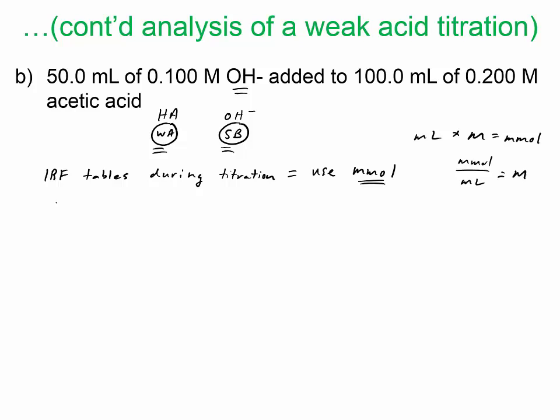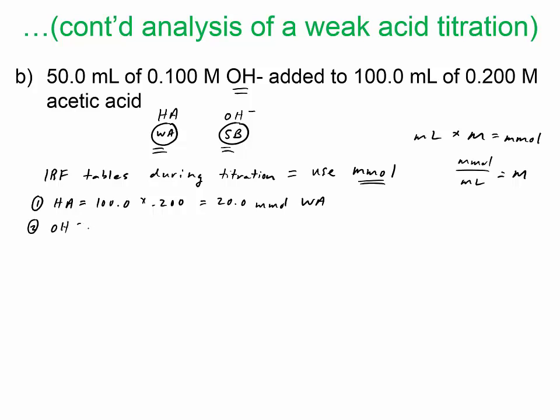So we need to figure out how much weak acid we had. This will be 100 times 0.200, so this is 20.0 millimoles of weak acid. And next we need to figure out how much strong base we had.